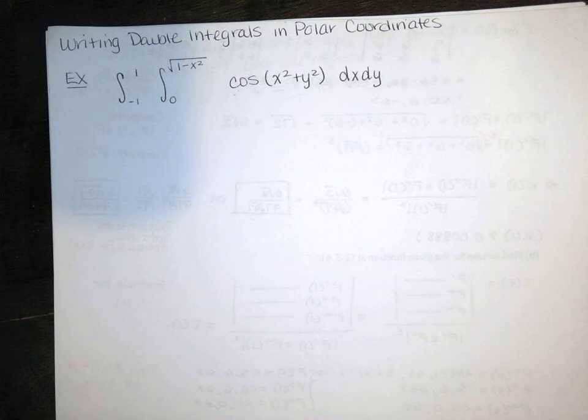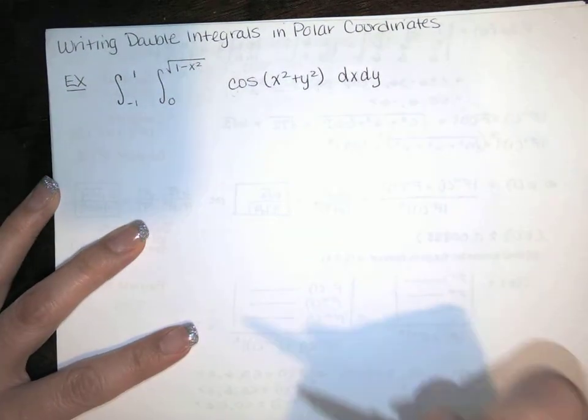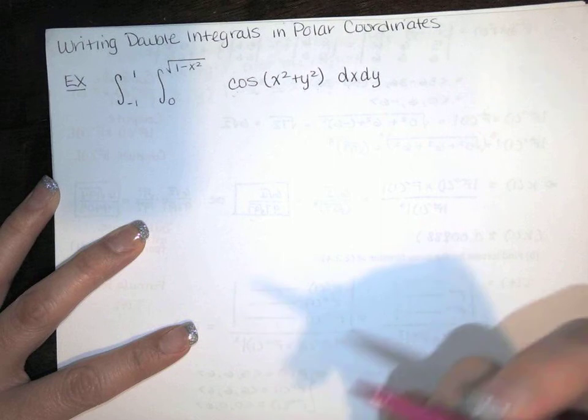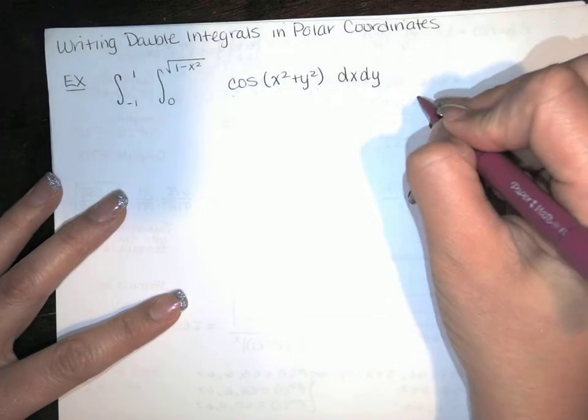Now remember how we do this. If we want to switch to polar coordinates, we need three things. First, we need to write or describe the region of integration in polar coordinates.